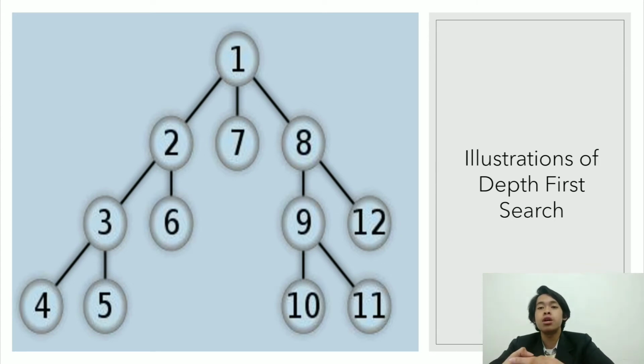Here you must go until the deepest number. After that, you can find the other numbers. Here in the picture, 1, 2, 3, 4, and after that you will go to the next number, which is 5, and next 6, 7, 8, 9, 10, 11, and 12.